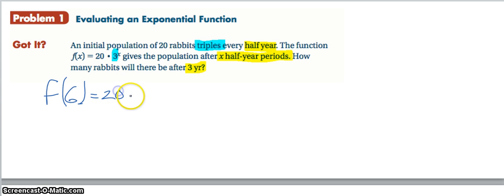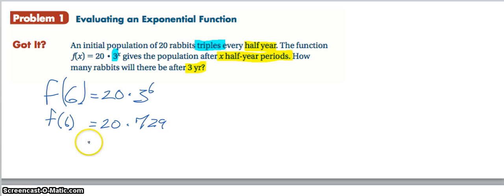So we'll have 20 times 3 to the 6th power, and that we need to evaluate to see how many rabbits there are. 3 to the 6th is 729, and that then, when fully simplified with the multiplication, gives you 14,580 rabbits. So you can see how populations can get out of hand if you don't do something to control them.